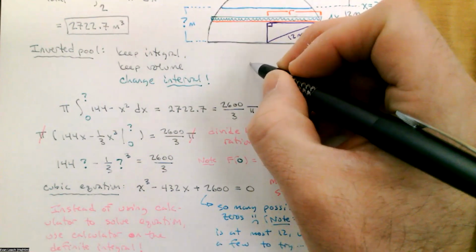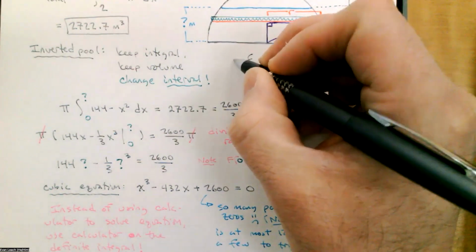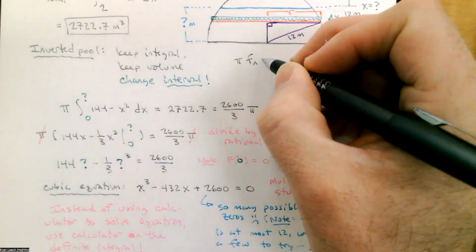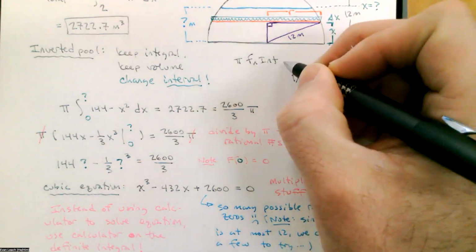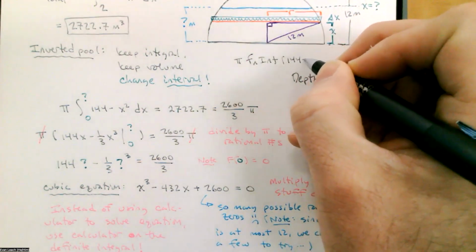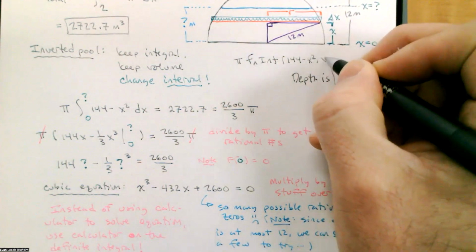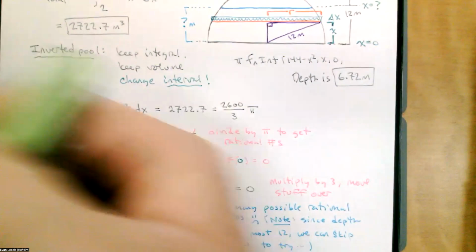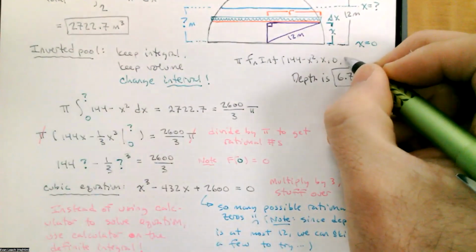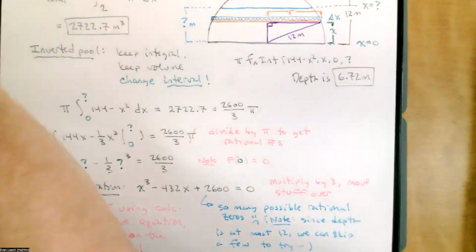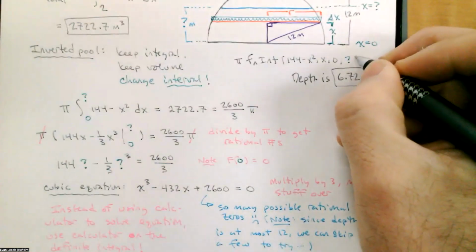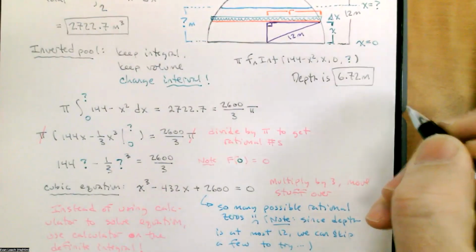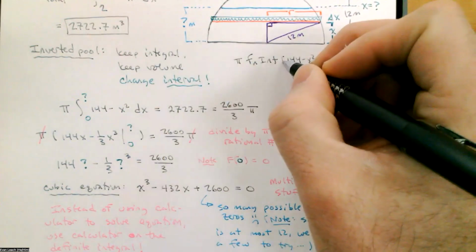So we just want an Fn, pi, Fn int of 144 minus x squared with respect to x from 0 to question mark. And we just keep plugging stuff into the question mark until we get 2722.7.